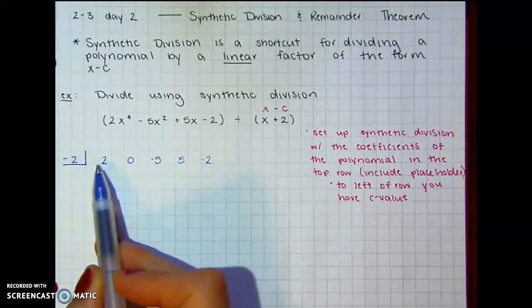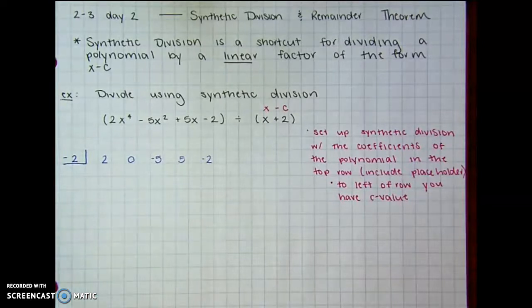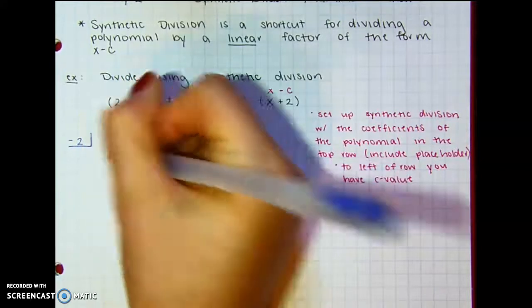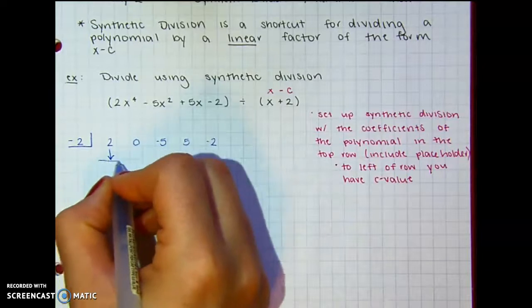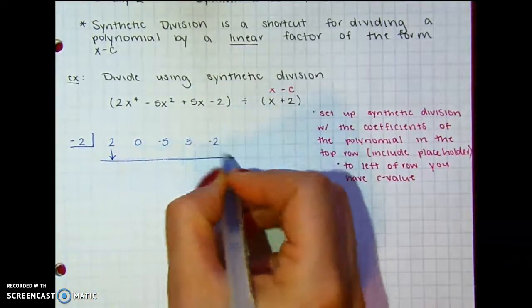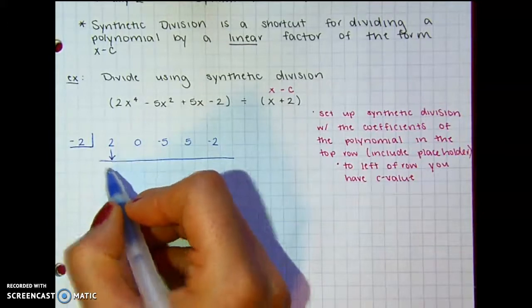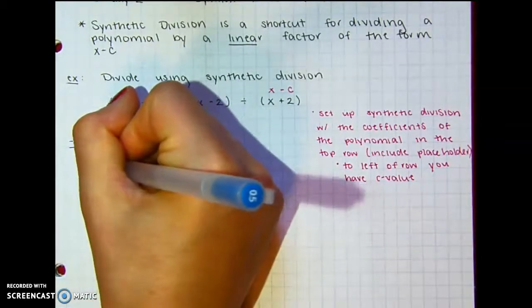So here's our c, here are all of our leading coefficients, and a placeholder. So what you do is you bring the first number down. We have like a bar, if you will. And when we go down, the first one just comes right down. So we start with that leading coefficient of 2.